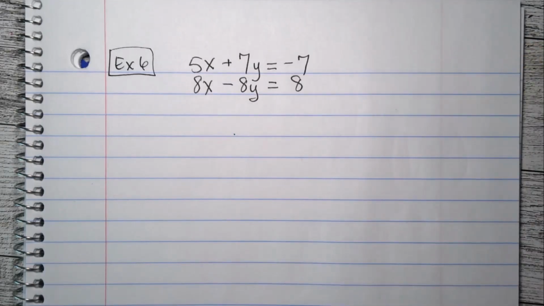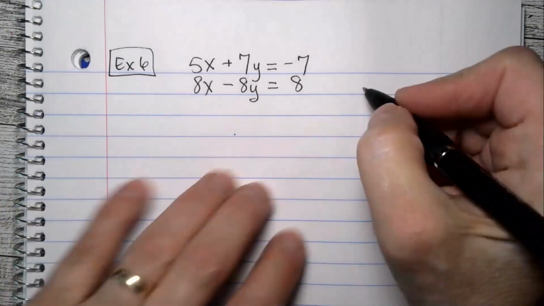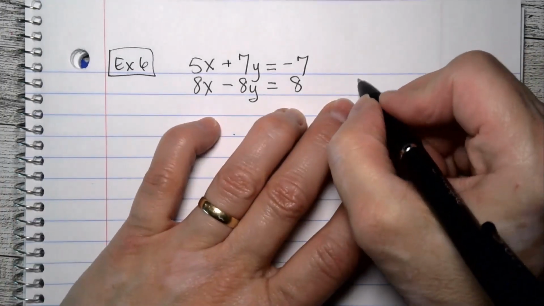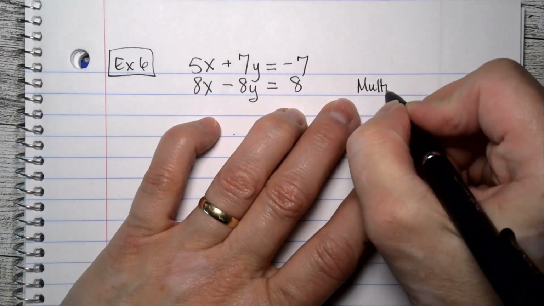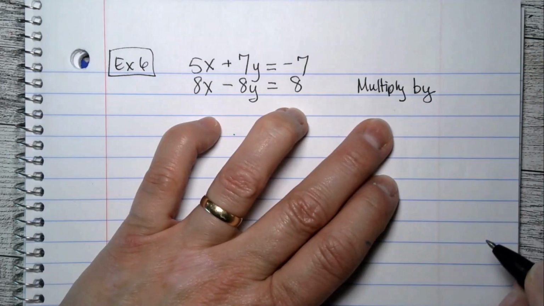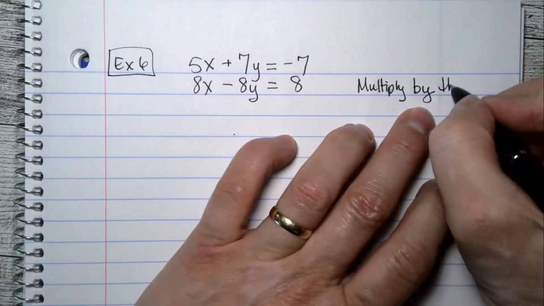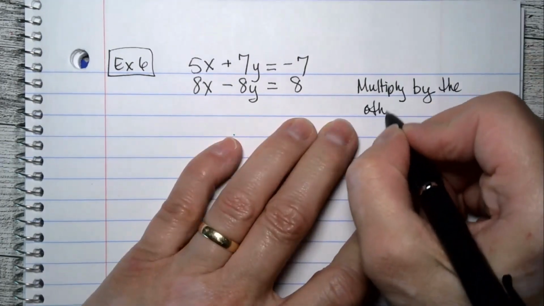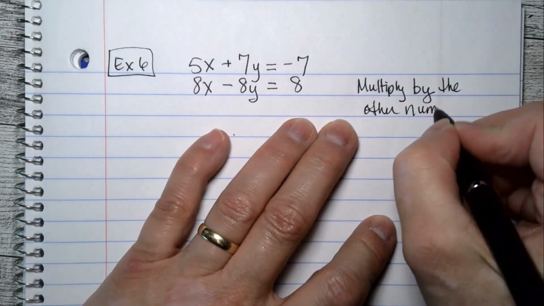I mean, not easily. So what you do is you have to be a little bit clever. And like she just said, we are going to multiply by the other number. And I'm going to show you what that means.